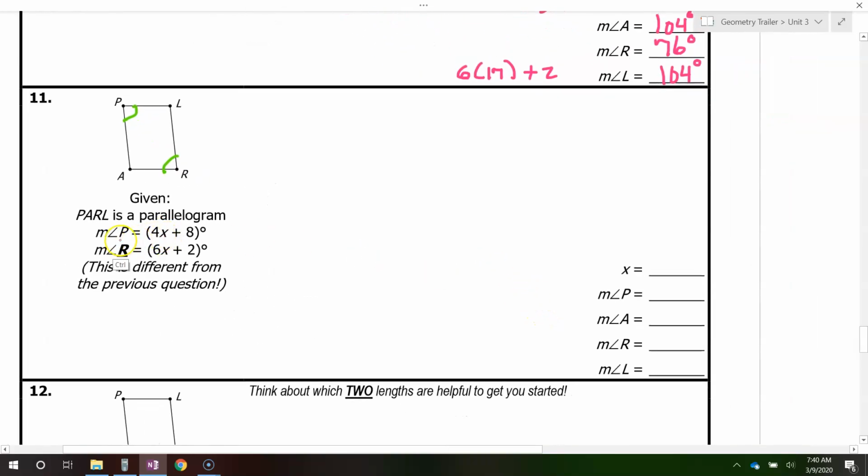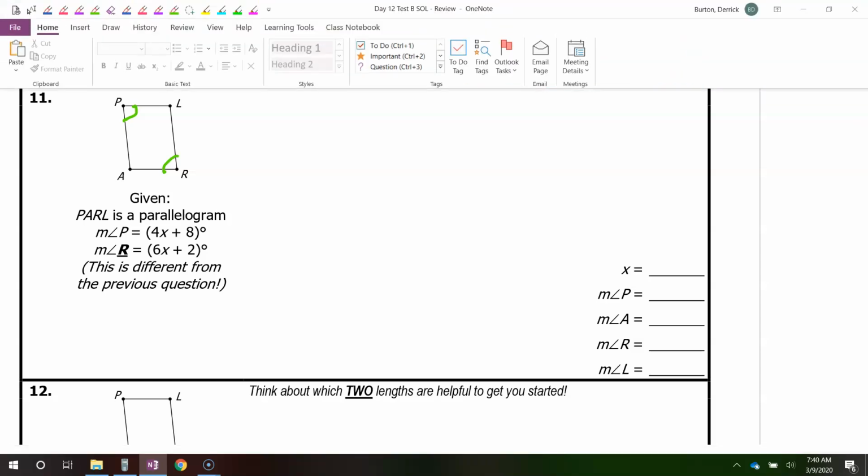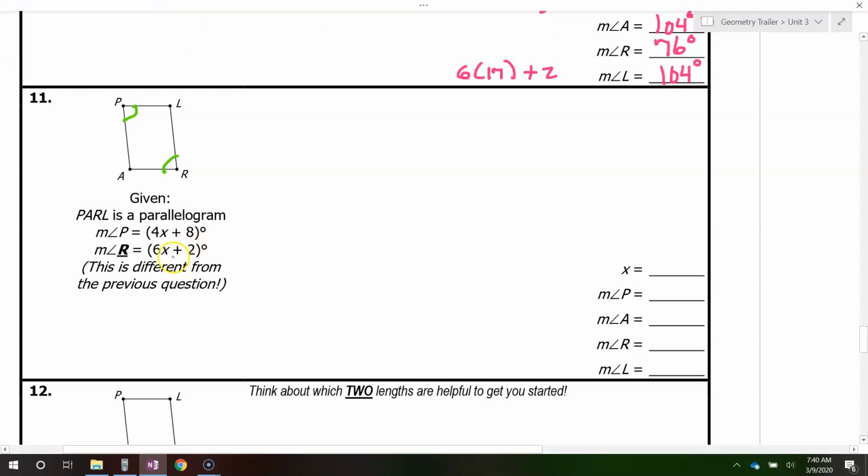Now here we have an expression for angle P and angle R. These are opposite angles, so they should be congruent, not supplementary. So this is going to be, well, I'm going to put the bigger one first.